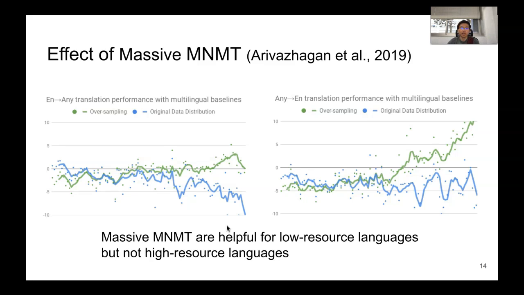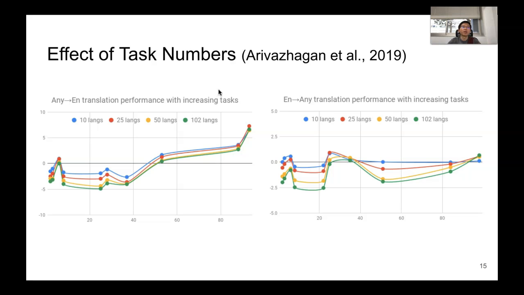They also did an interesting experiment to show the effect of the task numbers. Here, task means language numbers. Again, they had a black line at the center of the figure, which is the bilingual baseline. They compared using 10 languages to English, 25 languages to English, 50 languages to English, and 102 languages to English. And we can see that adding more languages does not necessarily improve the performance, right?